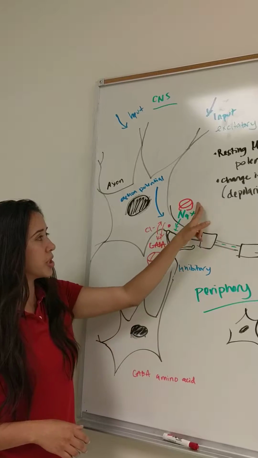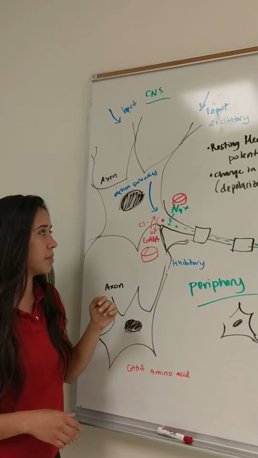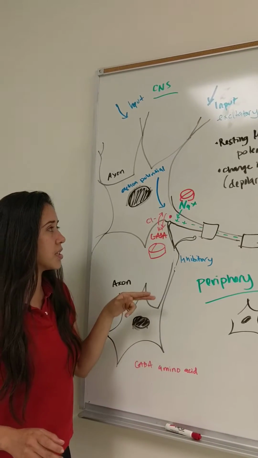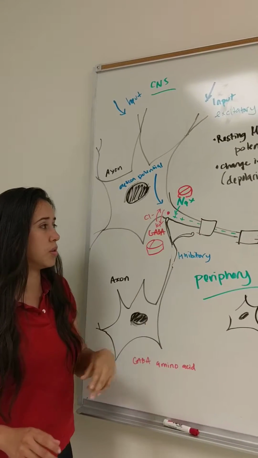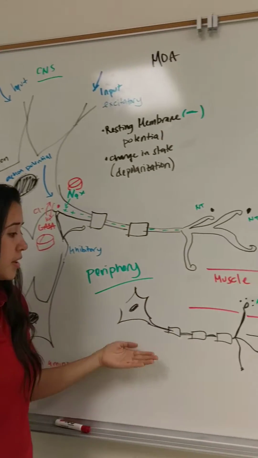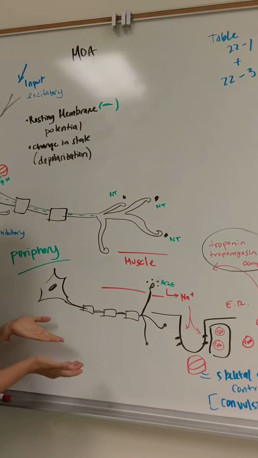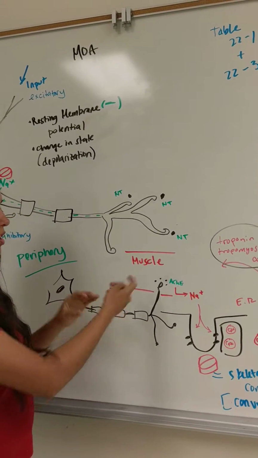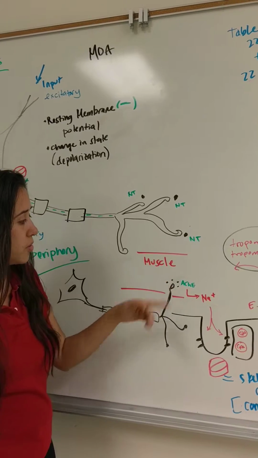The reason I have little pictures here is because some of the drugs that we're going to be talking about either increase the GABA effect or suppress sodium influx, so that the signal isn't sent. So I have here a neuron in the periphery, and it's leading to muscle, and the neurotransmitter that is being released is acetylcholine.